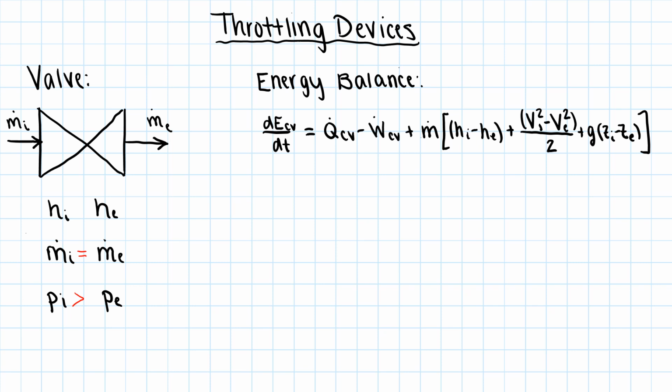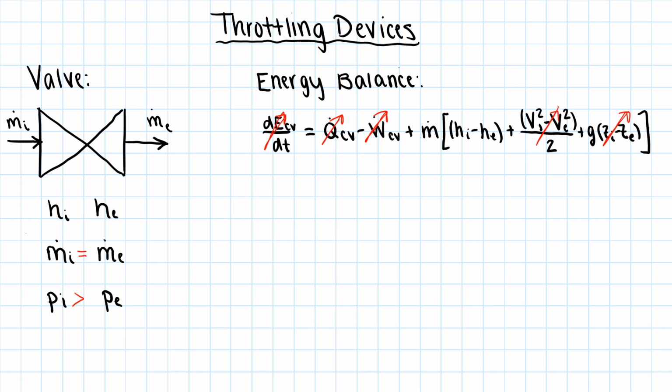So in our energy balance, there's steady state. There is no heat transfer external to the system, and the stray heat transfer is negligible, so the Q term goes away and there's no work being done. There's no significant change in velocity or elevation, and so your kinetic and potential energy terms are both going to go away as well.